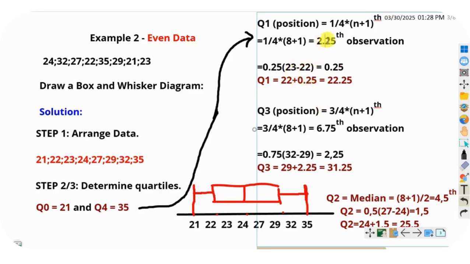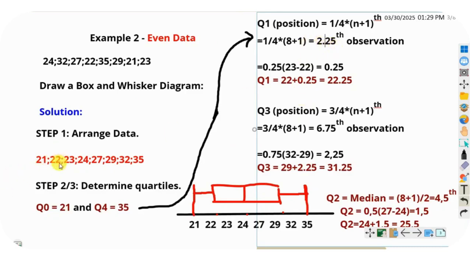So what you do is take that value after the point, 0.25, and multiply it by the difference of the two values that come after the whole number of the term. It's 2 here, so I come here and count 1, 2. It means the first quartile is somewhere between the second term and the third term, between 22 and 23, because the position is 2.25.